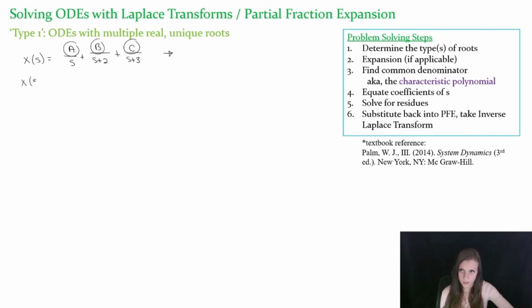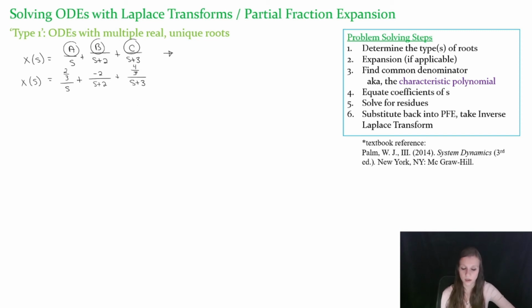So that gives us X of s equals 2/3 over s plus negative 2 over s plus 2 plus 4/3 over s plus 3.